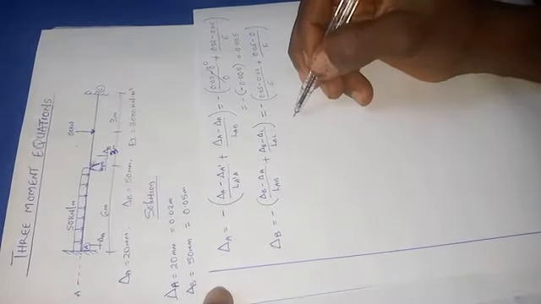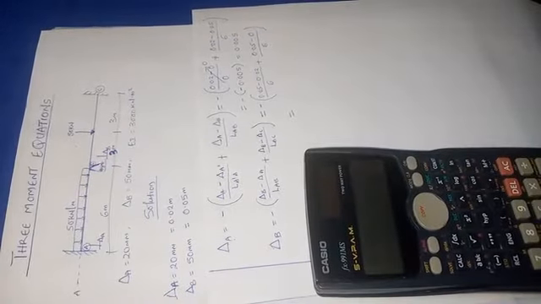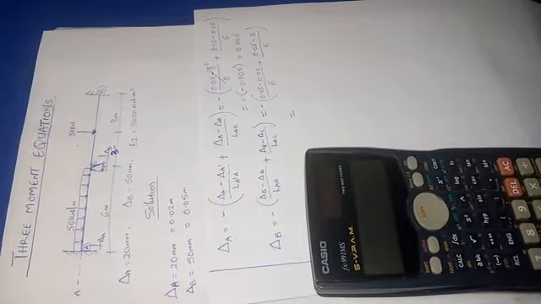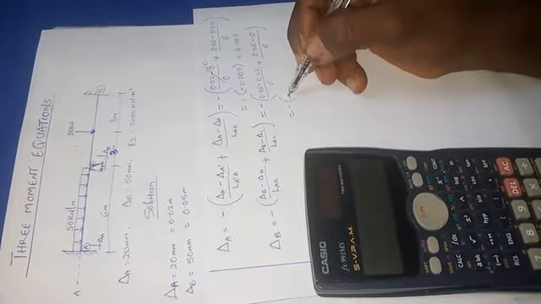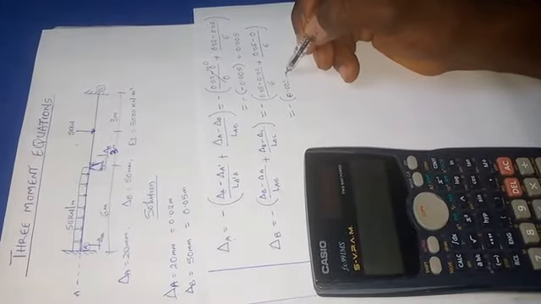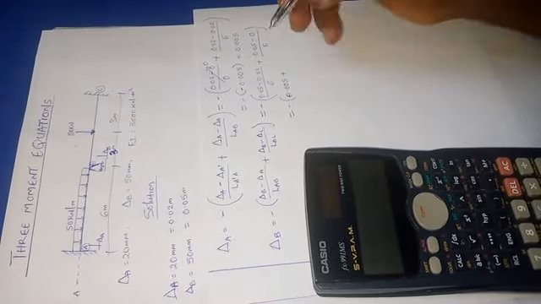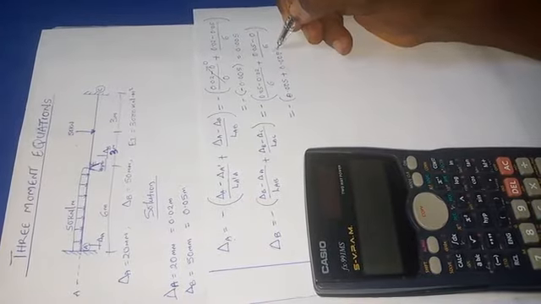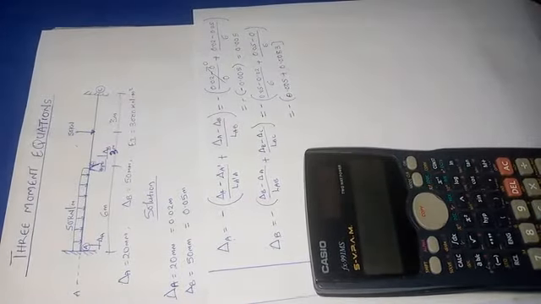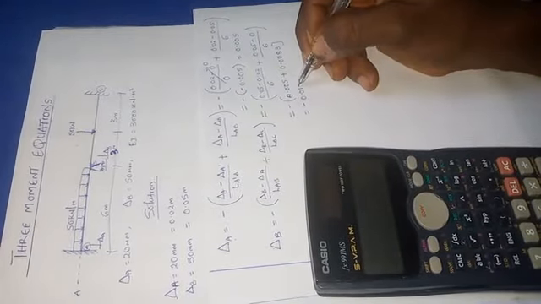So if you resolve this, you are having 0.05 minus 0.02 divided by 6, I'm having minus in bracket 0.005 plus 0.05 divided by 6 would give me 0.0083. So if I add this with my last answer, which is 0.005, will be equal to minus 0.013.